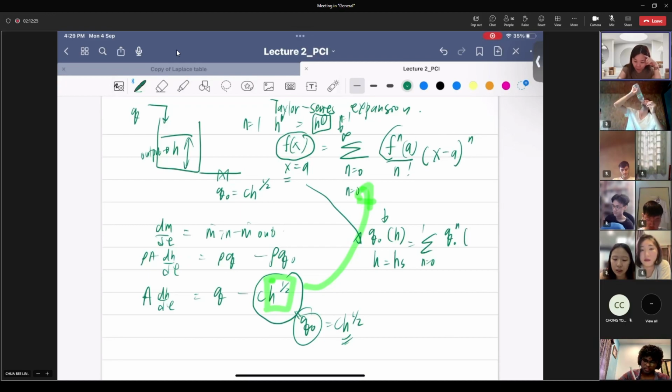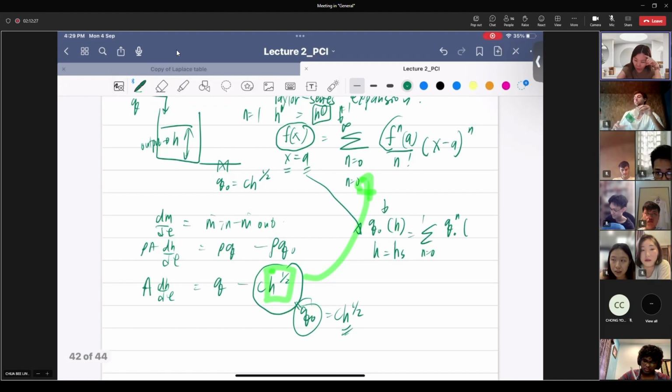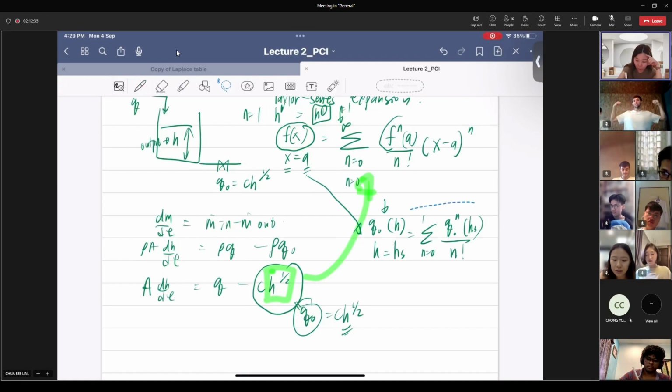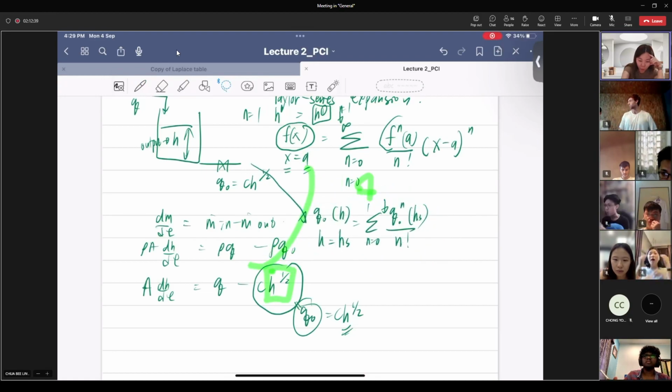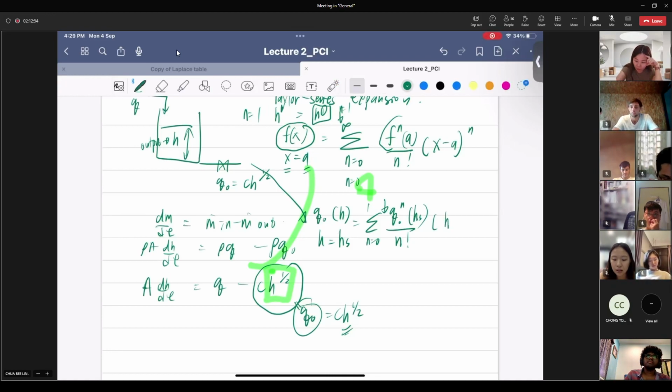Then your a is here, your hs. Then n factorial, then multiply. I will move this equation a bit, so you have to change accordingly. So x, by comparison, is the variable h. Then your a is where you start, hs.